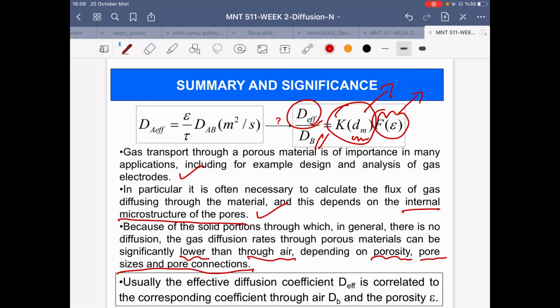I think I have shown you enough to show that these are a function of these things. Usually the effective diffusion coefficient is correlated to the corresponding coefficient through air and the porosity. And this is what that equation is all about.